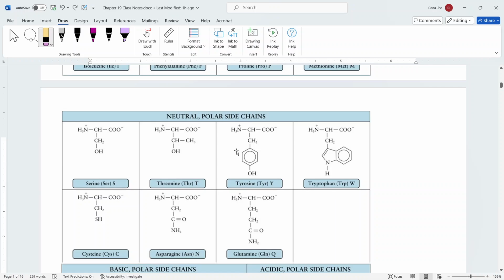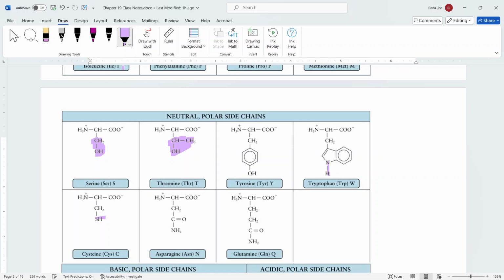Coming over here, all polar side chains should end up with an electronegative element connected to a hydrogen, like an OH, an NH, as you can see, an SH. This is how you know that you have a polar side chain. So that is your side chain.